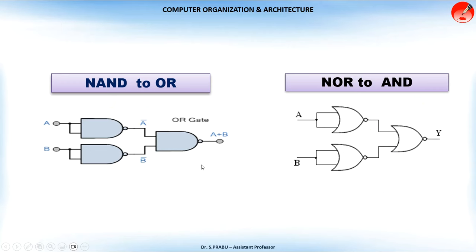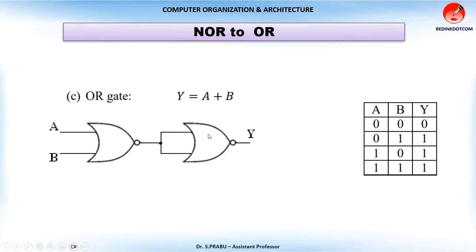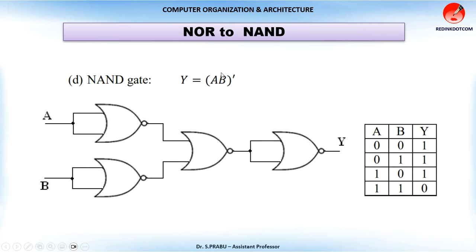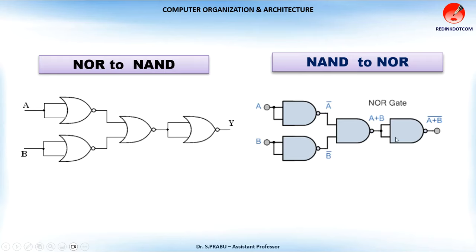So try to understand the shortcut method. And this is OR gate from NOR gate. And this is NAND gate from NOR gate. Just compare this structure with the previous one. In this arrangement using NAND gate, you can get the NOR gate output. In the same structure used here, using NOR gate, you can get the NAND gate. So you can easily remember this realization using this shortcut method.